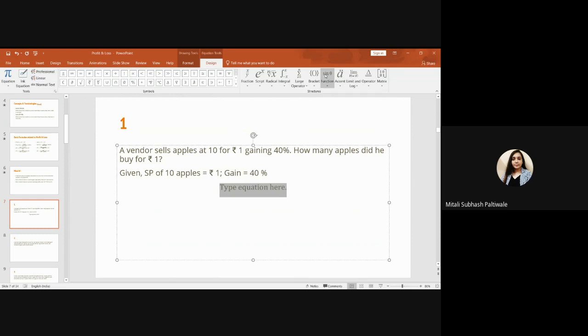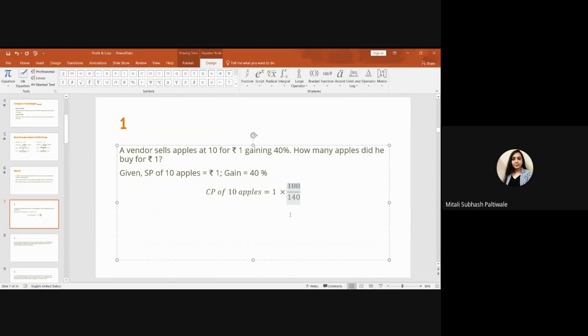CP of 10 apples is equal to 1 into 100 by 140.